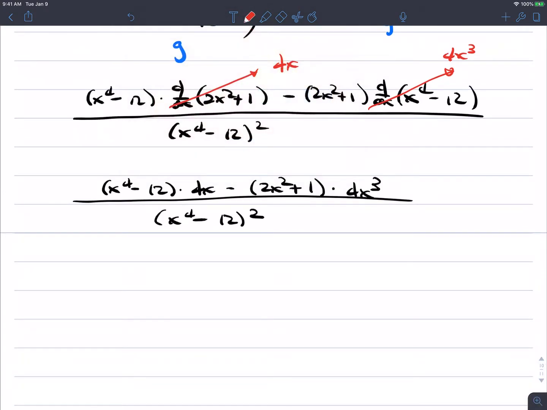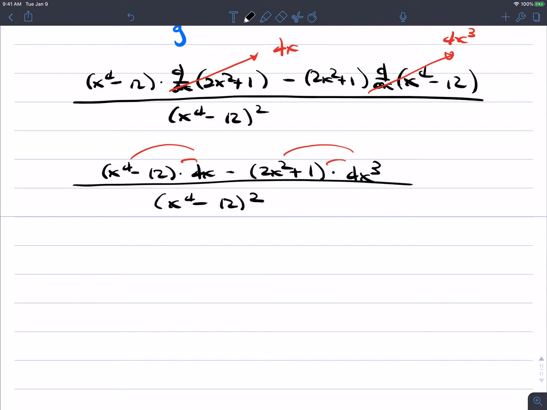So you're now going to distribute here. See some algebra. 4x to the fifth minus 48x minus 8x to the fifth minus 4x cubed.